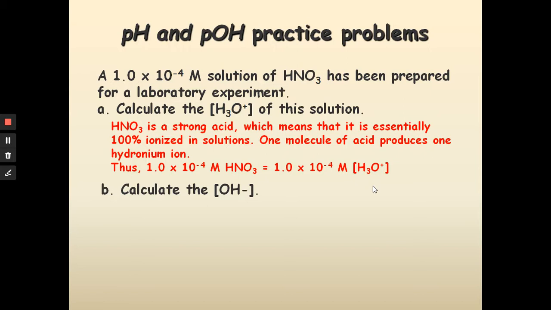So if you have 1.0 times 10 to the negative fourth power molarity of HNO3, it's going to dissociate, break down into hydrogen and nitrate. So you are going to have 1.0 times 10 to the negative fourth power molarity of hydronium ion.